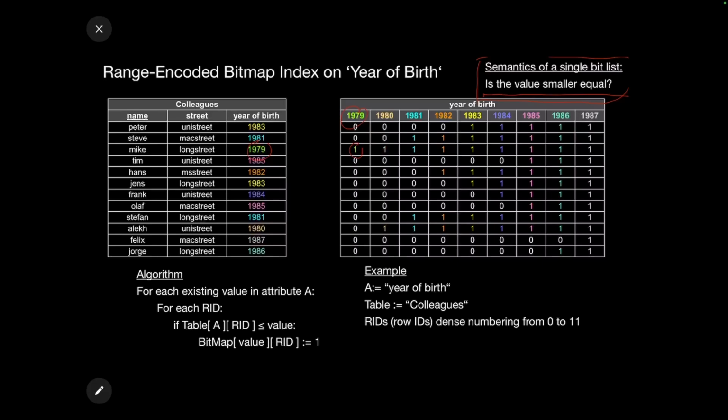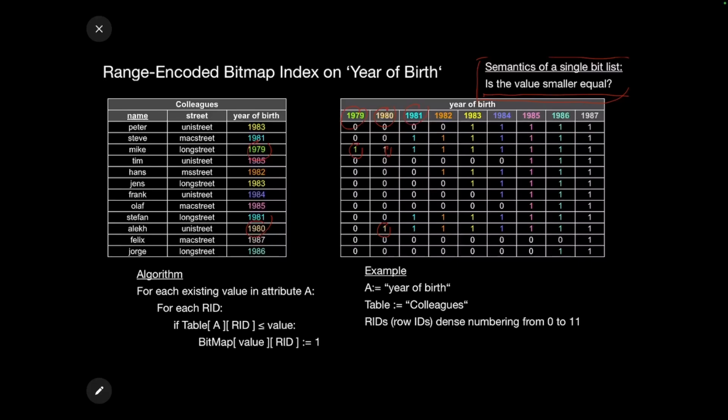Then if you move on to the next, 1980, this must also be set, of course. This must include everything that was included on the left. If it's smaller equal 1979, it's by definition smaller than 1980. But it also adds this other bit here for this value. And so forth.